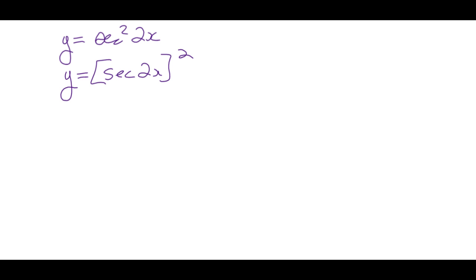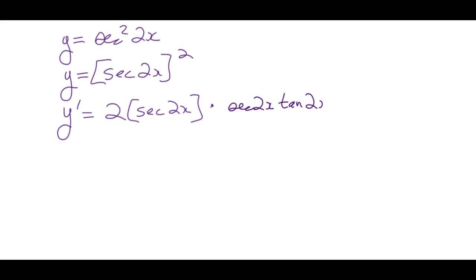So that gives us the outer function, which is squaring, and so it becomes 2 times secant 2x to the power of 1. And then we go in to do the secant of 2x. So it's the derivative of the outer function with respect to the inner function times the derivative of the inner function, and the derivative of secant is sec x tan x, so it'll be secant 2x tan 2x, and then the derivative of 2x, which is 2.